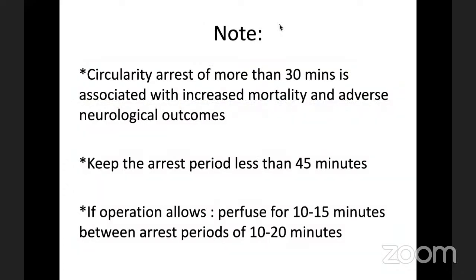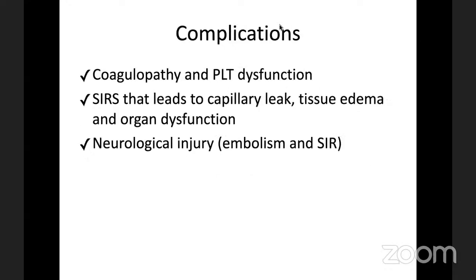Circulatory arrest of more than 30 minutes is associated with increased mortality and adverse neurological outcomes. So you have to keep the arrest period less than 45 minutes, okay? And if the operation allows, you perfuse for 10 to 15 minutes between arrest periods of 10 to 20 minutes. These are the recommendations for the safe duration.